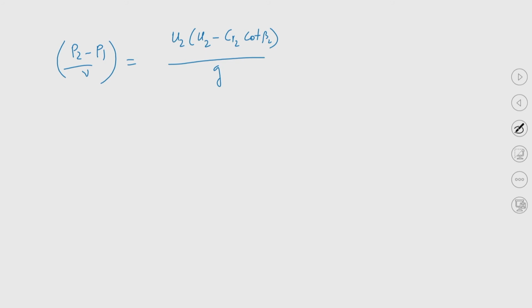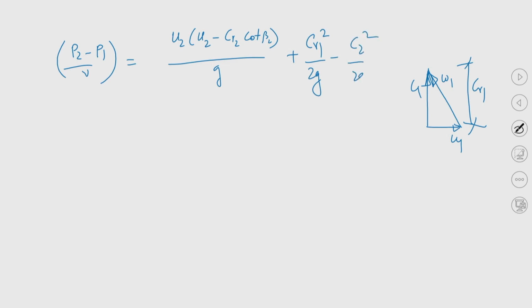Now, if we go to the previous slide, we have seen that there is no swirl. So, if it is no swirl, then this is U1, this is C1, this is W1 and this is CR1. So, what is C1? That is CR1. So, plus CR1 square by 2g minus C2 square by 2g, right.